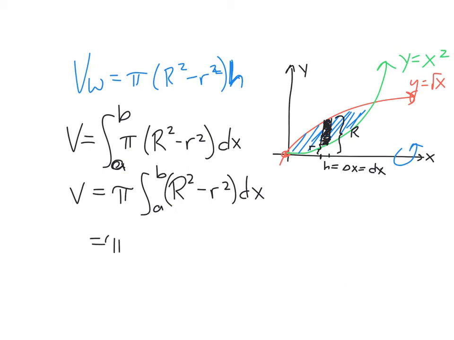So let's use the information we have from our graph with these specific functions. Our volume is pi times the integral, where our interval starts at 0, and then these two functions intersect when x is equal to 1. If you're not sure of that, you can set our two equations equal to each other and solve.